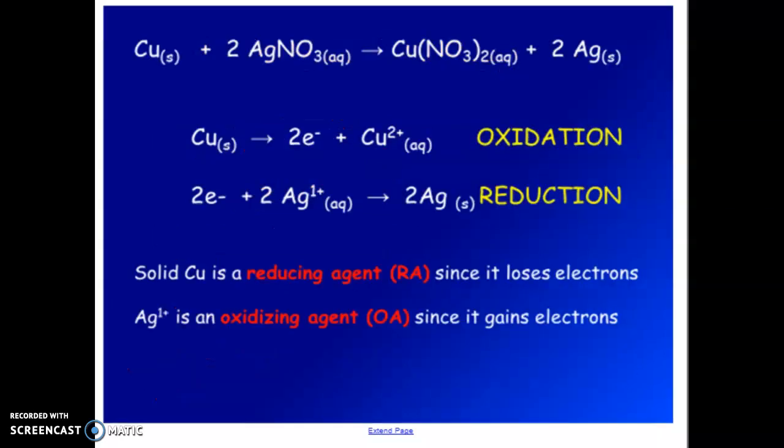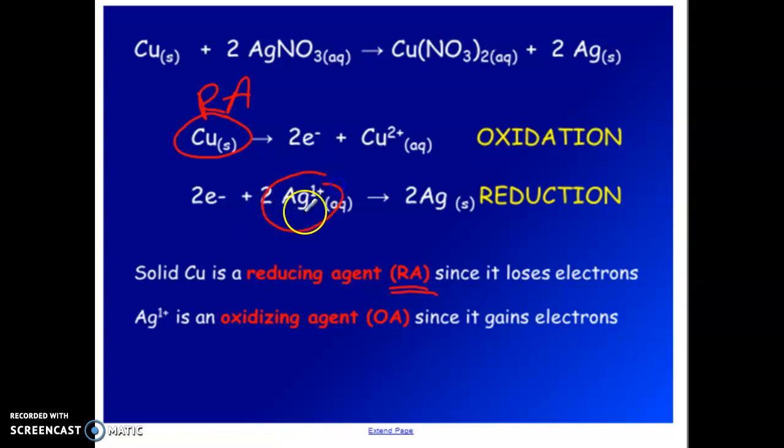So let's look at this exact same example. Copper was being oxidized and silver ions were being reduced. So that means that if this is being oxidized, we would call this a reducing agent. The agent that we call it is always the opposite of what it's doing.